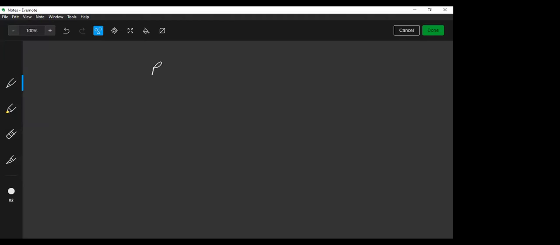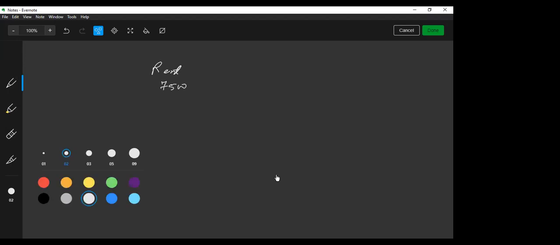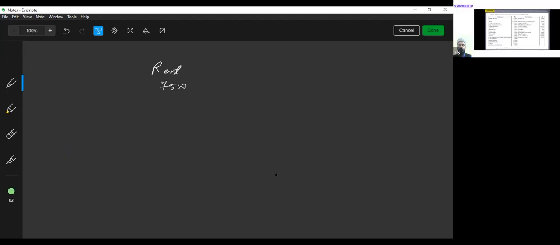So rent is given in the question. Rent is 7500, right? And it is also given in the bracket that 1/3 of the rent is related to the factory, and 2/3 of the rent is related to the office.